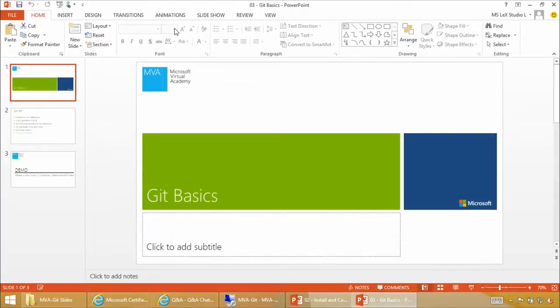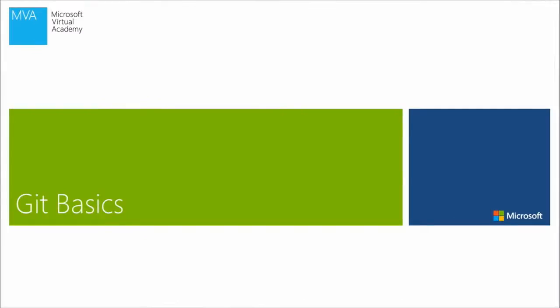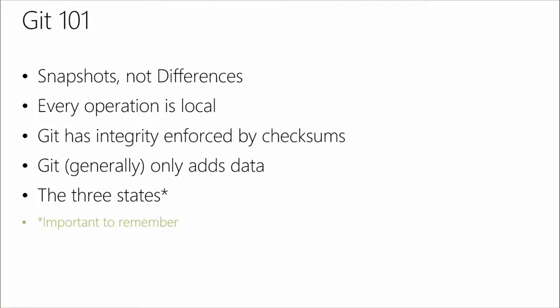So let's take a look back at Git Basics and what we're going to cover in this section. If you look at my monitor on Git Basics, you're going to find the slide. We're going to jump into a couple things. With Git 101, before we get into the demo, a couple things that I'm just going to call out now because we're going to see it later: every operation here in Git is local.